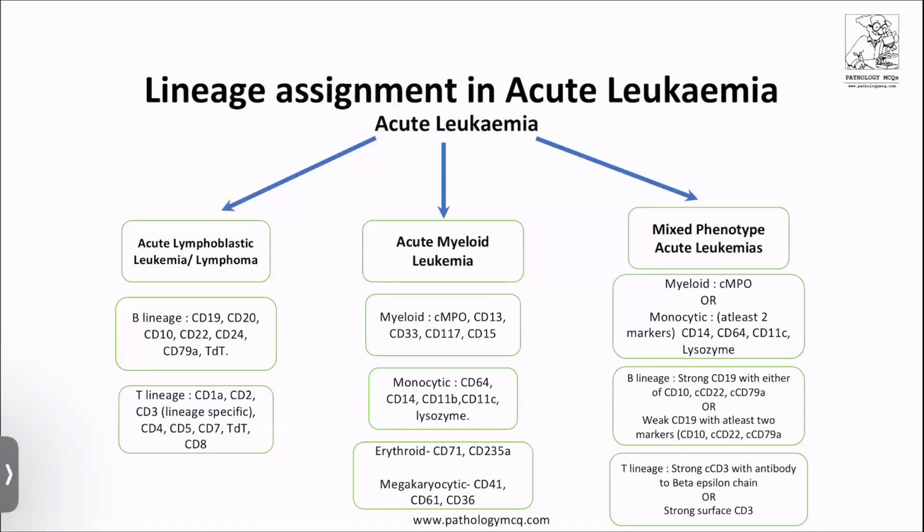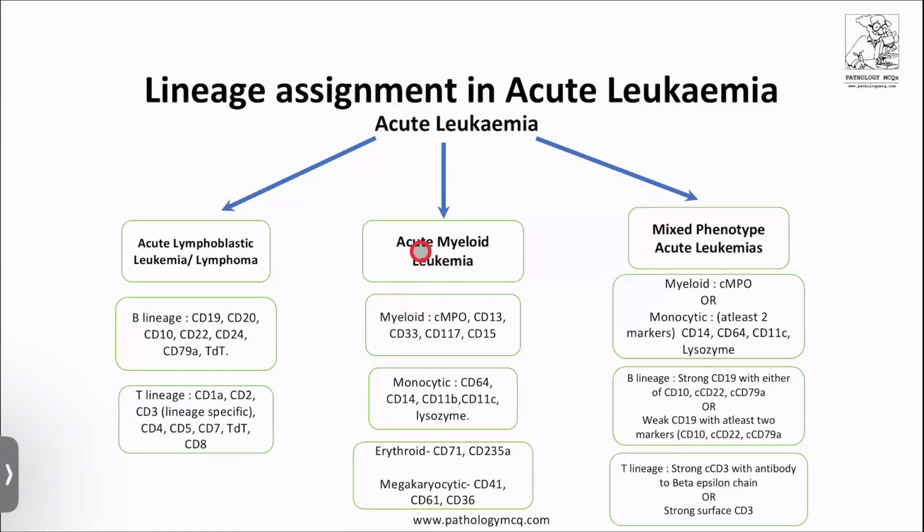So the AMLs can be either 34 positive and 117 negative, both 34 and 117 positive, both 34 and 117 negative, or just 117 positive and 34 negative. But if the AML is 34 and 117 negative, it does not mean it is not AML. We have to look for cytoplasmic MPO and CD13, CD33 for further classifying these cases as AML.